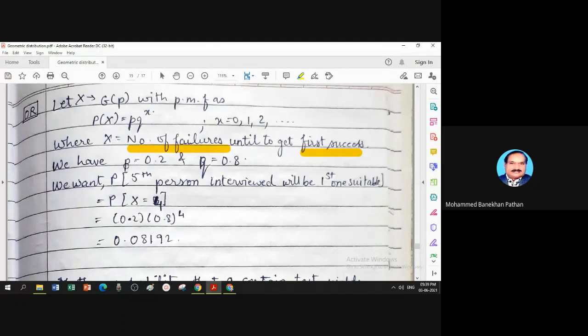Chance of getting a success is 0.2, chance of getting a failure is 0.8. We want the probability that the fifth person interviewed will be the first one suitable. That means if the fifth is a successful candidate, the remaining four are failures. So probability X equal to 4.